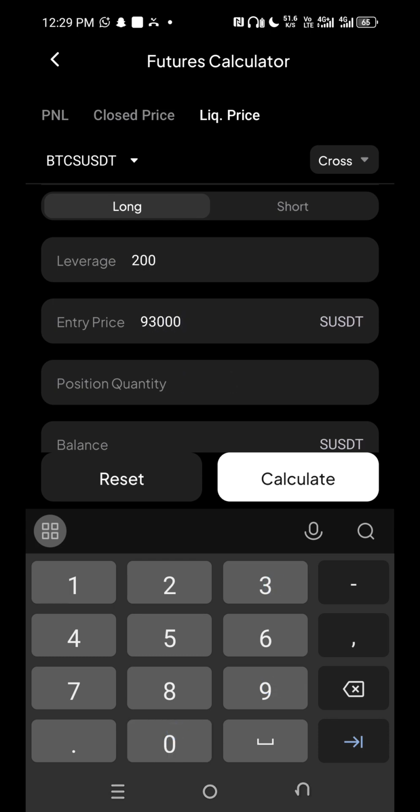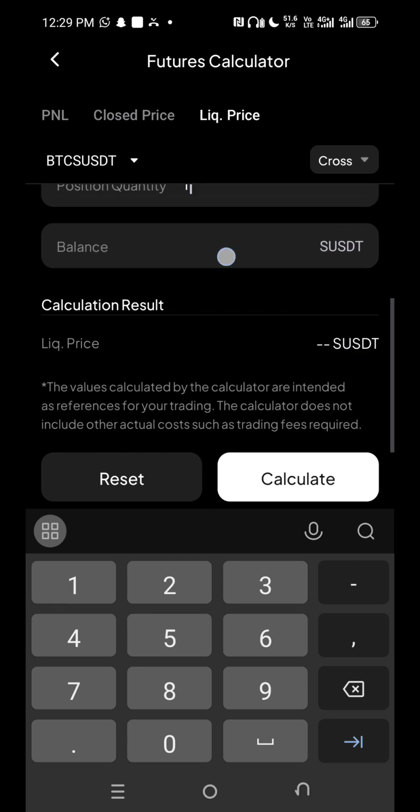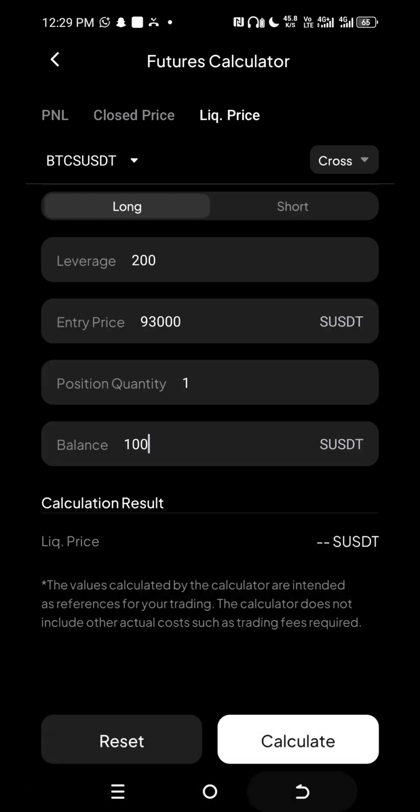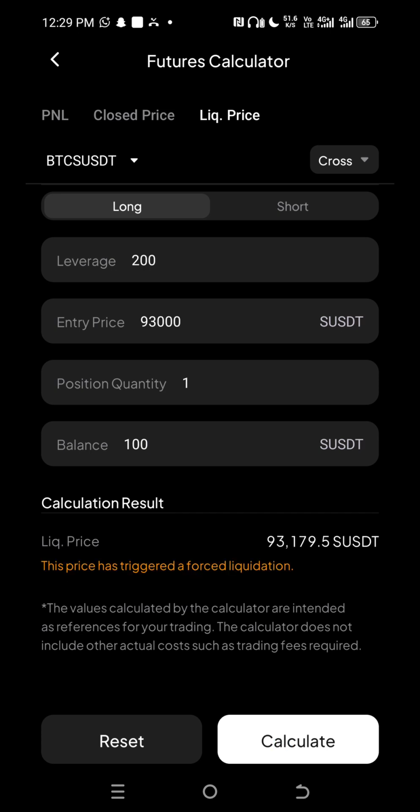Let's just say my balance is $100. Okay, so I'm taking a long and I'm looking for the liquidation price. So you see the liquidation price will be, hold on.